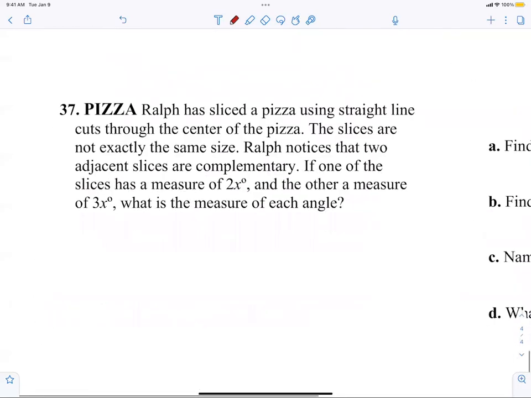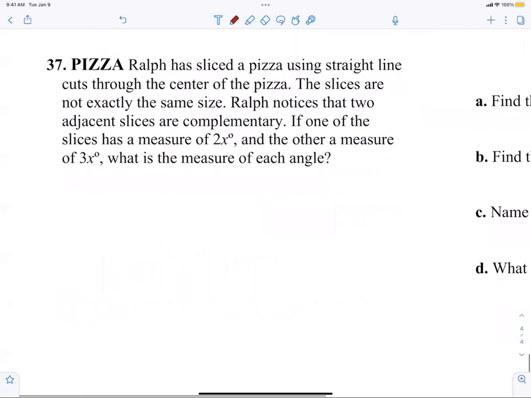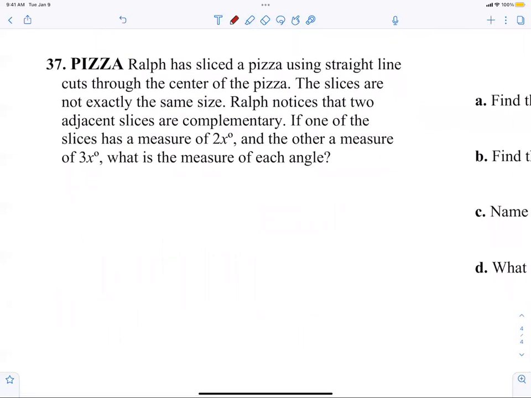All right. Here we go. Number 37. Interesting problem. Come on, figure this one out for me.